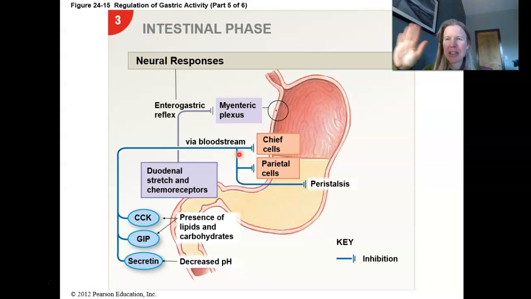Don't make more acid, don't make more pepsinogen, don't increase peristalsis, like give me a second here, right? And so we see those feedback by hormones as well. I also mentioned before cholecystokinin. They don't show it in here, but that's actually the hormone that triggers bile release. Bile is going to enter pretty early on here in the duodenum as well.